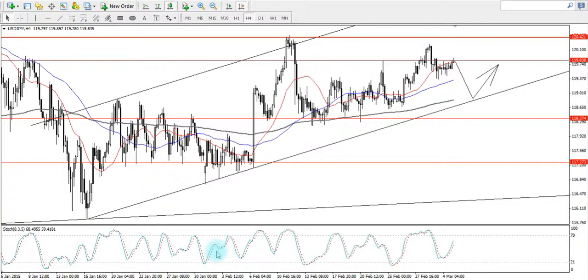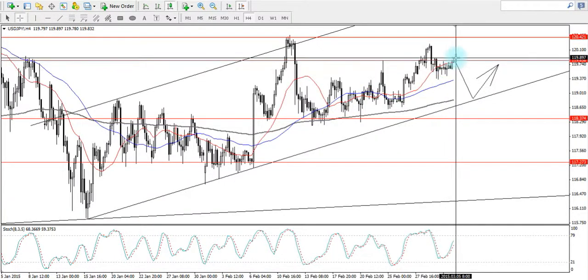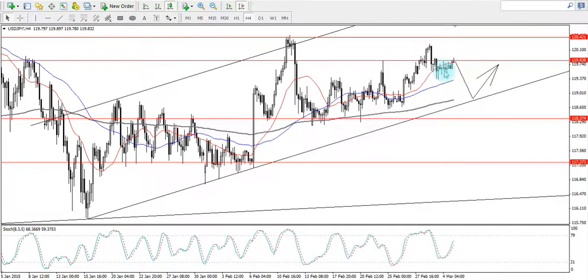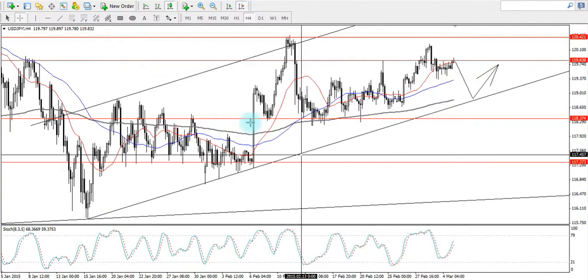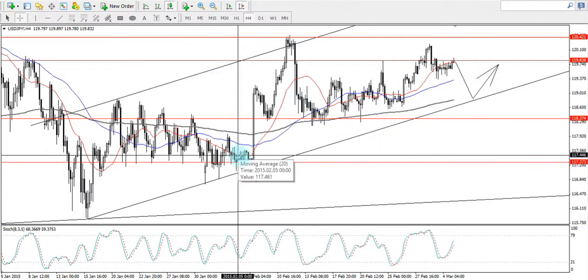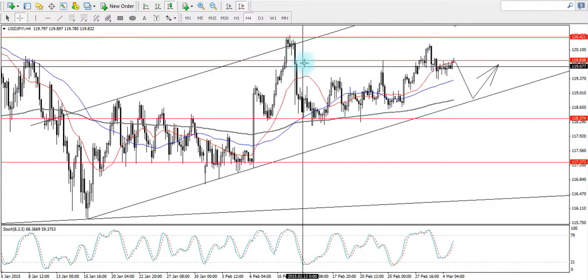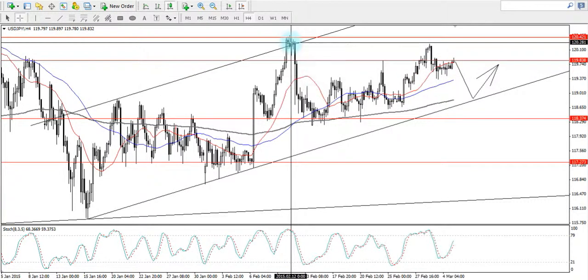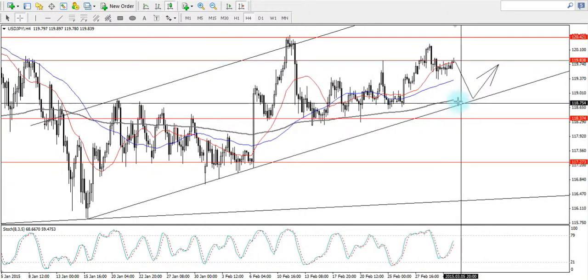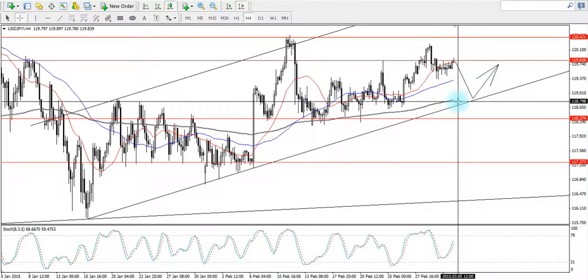Alright, next we have the dollar against the Japanese yen. So price was little change. At the same time, it is kind of resisted at the resistance level of 119.83. Price is trading within a rising trend channel, has already reached the top before but has yet to touch the bottom of the trend channel itself.